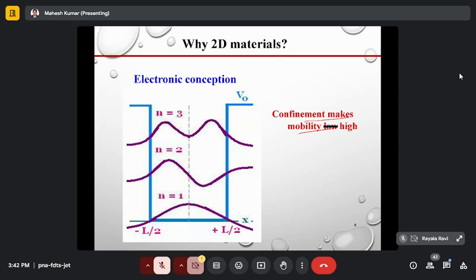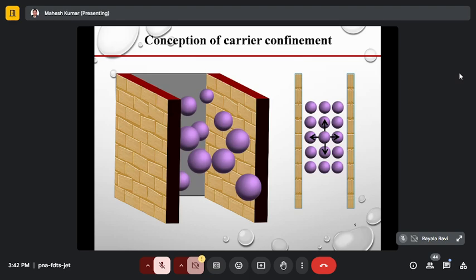If you use bulk carbon, mobility is very low. So quantum confinement makes the mobility high, and if a material's mobility is high, we can make faster devices, because device response depends on the mobility.